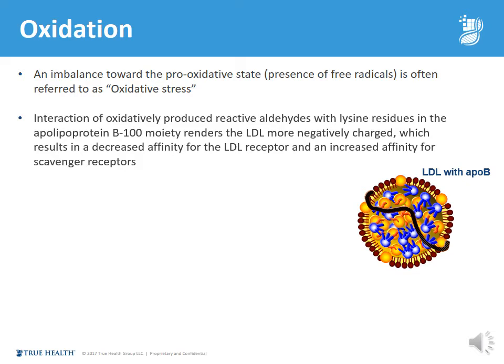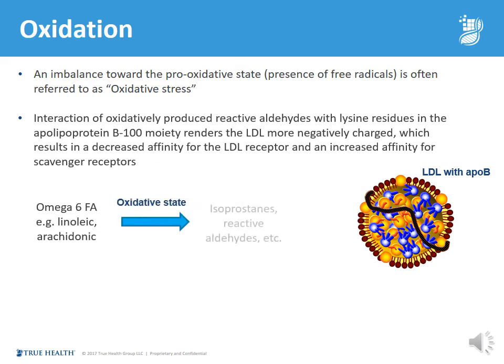You will also increase the affinity of ApoB for scavenger receptors that are certainly present in those macrophages in arterial walls, but in other immune cells throughout the body, in virtually every tissue in the reticuloendothelial cells. So let's take an omega-6 fatty acid, linoleic, and certainly the one that's often expressed in immune processes, arachidonic acid. In oxidative states, there is catabolism of arachidonic acid into, we've already mentioned them, isoprostanes, but also into lipid species that are called reactive aldehydes.